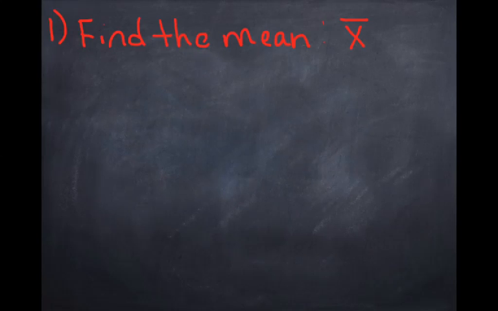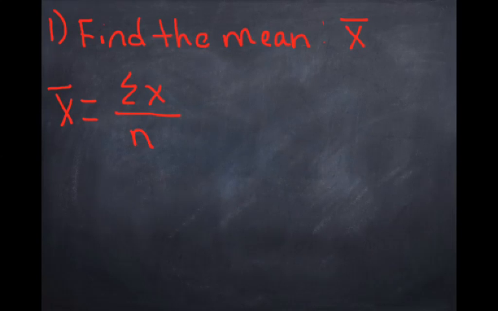When finding the standard deviation, your first step is you need to find the mean. You need the mean to find the standard deviation, so you want to find X bar. Recall, in finding the sample mean X bar, it's going to be the sum of all the data values divided by the sample size.